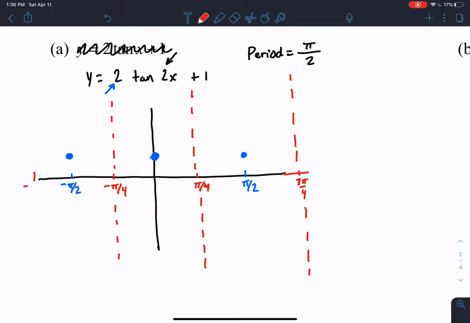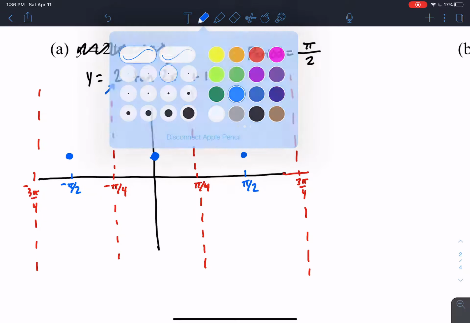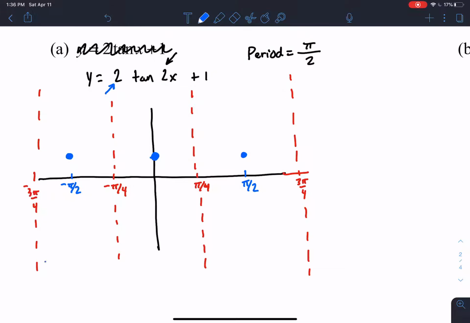And then negative 3 pi over 4, sorry. All right, and then you're just going to draw your curve like you did the last one, except now it's going to change the concavity right there at y equals 1 instead of y equals 0.